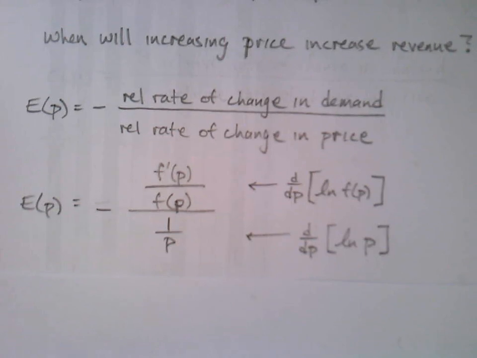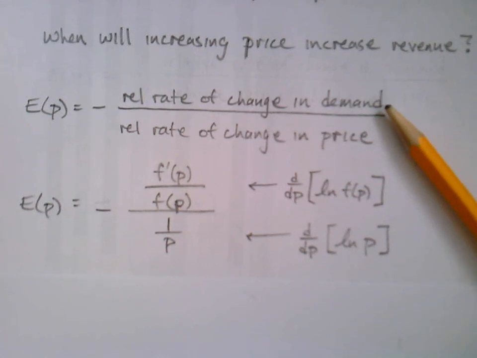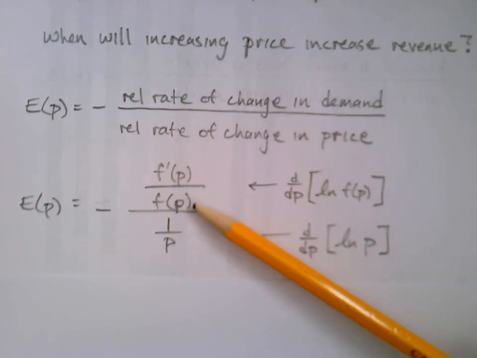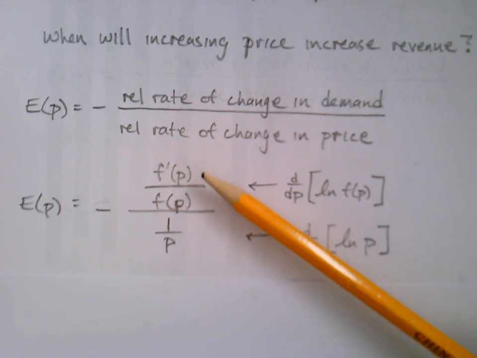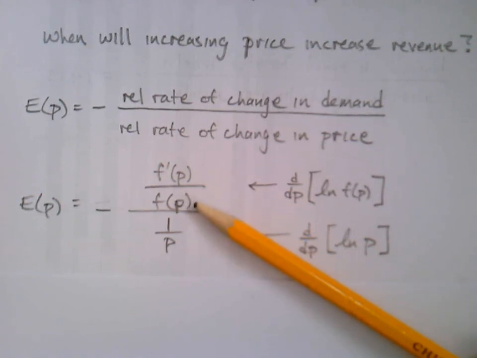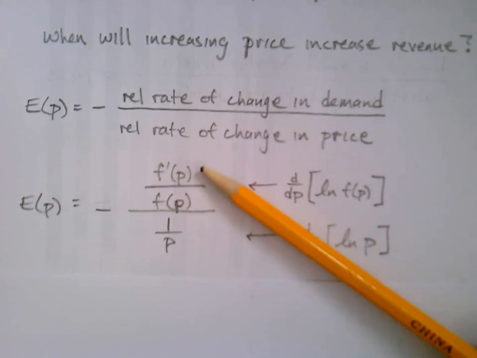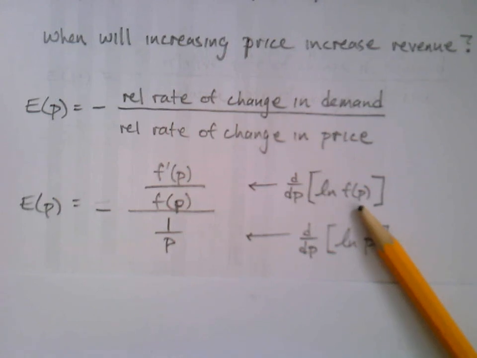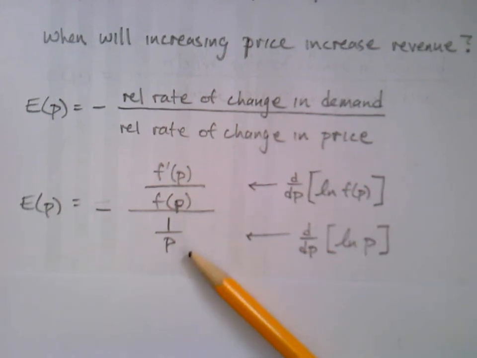Okay, so if we think of the relative rate of change in demand, well, that's what we've been doing. F we're going to call the demand function. So we take the instantaneous rate of change in demand, divided by the original demand, F prime of P divided by F of P. We notice that's the derivative of natural log F of P. We're going to divide it by this.